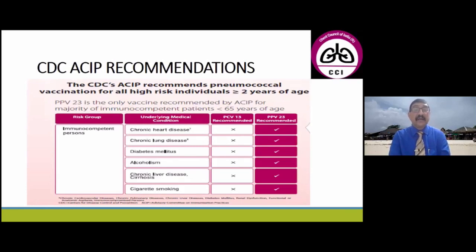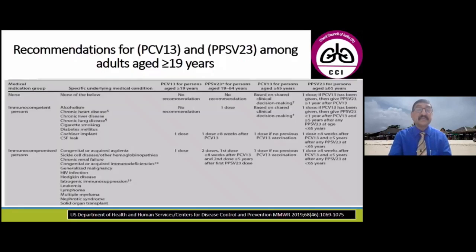Whereas in case of chronic lung disease, PPSV23 is recommended. So you can give the PPSV23 vaccine to all risk groups who are immunocompetent and who have an underlying medical condition like chronic lung disease, heart disease, diabetes mellitus, alcoholism, liver disease, and current smokers. In all this category of patients, these are all immunocompetent persons, but there is a recommendation of PPSV23 in this group of patients.